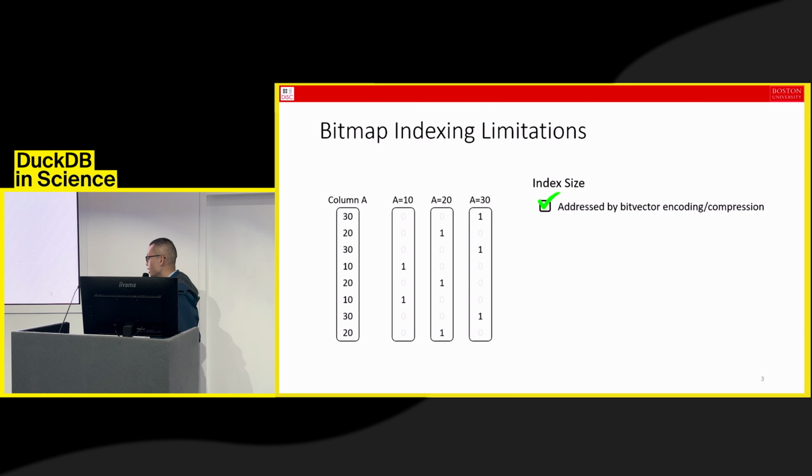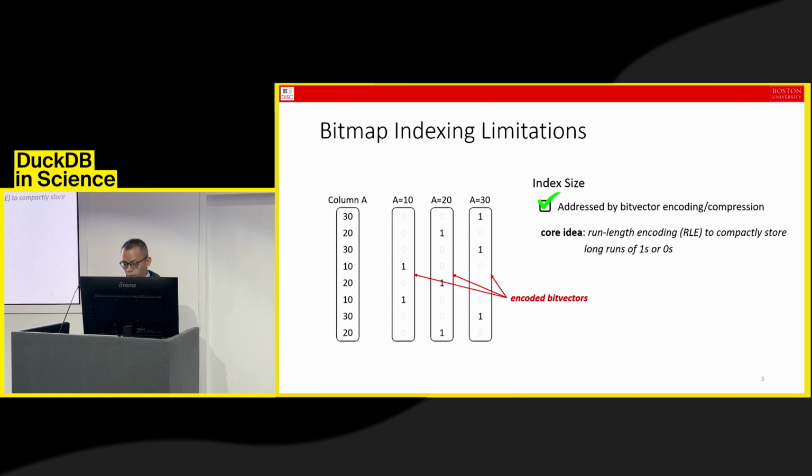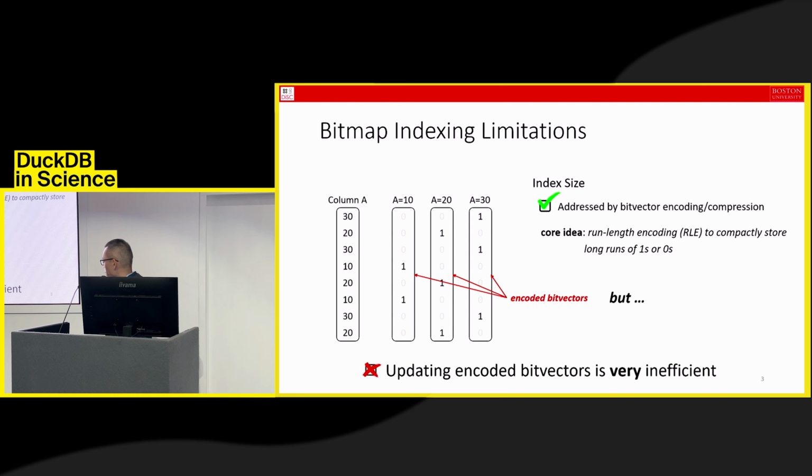However, bitmap indexes do have limitations. In particular, to reduce their size, we typically have to use some variation of run length encoding to compress each bit vector. But the challenge is that after compression, the bit vector becomes very expensive to change.